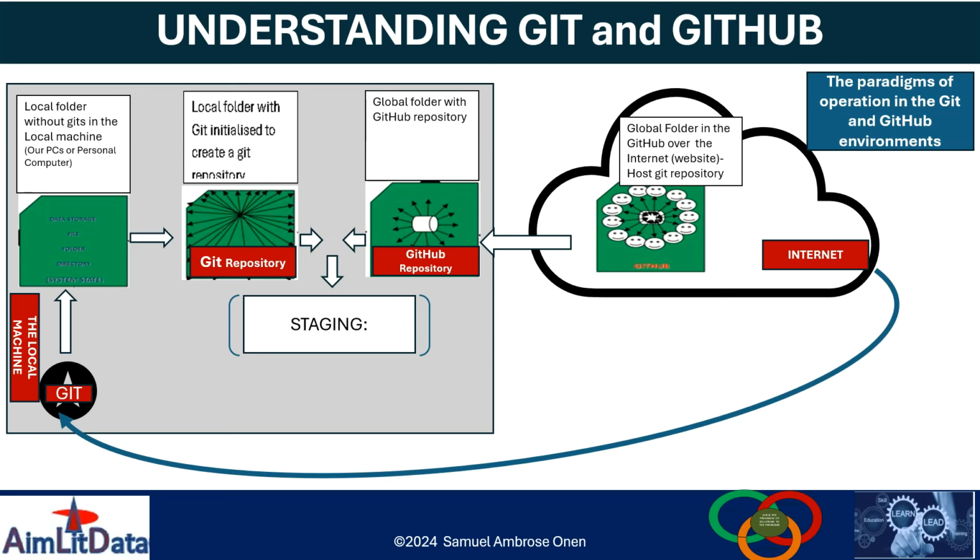As we talked about the staging mode last time, staging is basically a memory zone where we send the modified files to stay there temporarily while waiting to be committed.